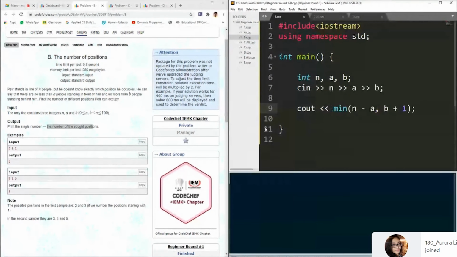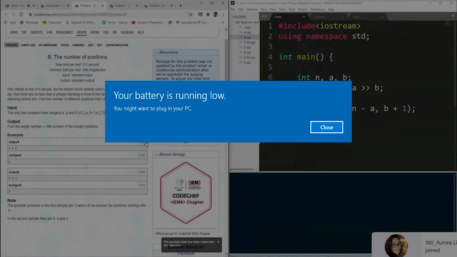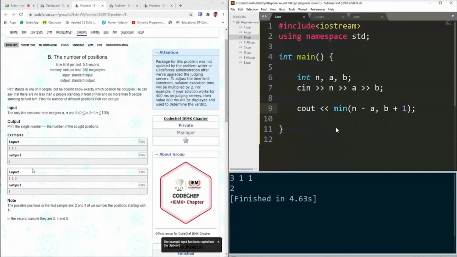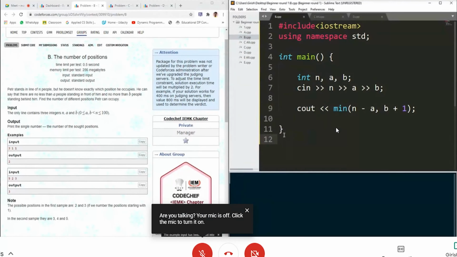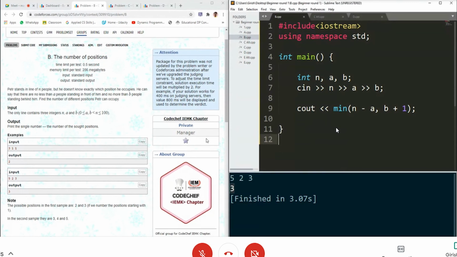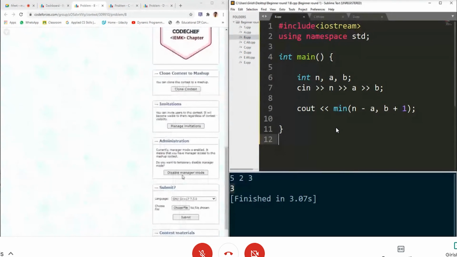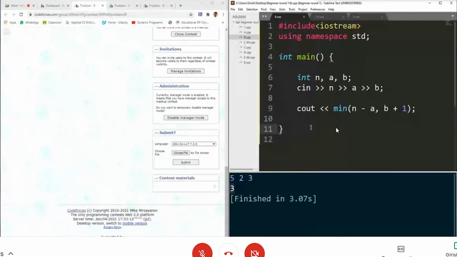Let me also run the program. I will copy the input. The sample input gives me 2, and the expected output is 2, so that's correct. Let me check for the other test case. 3. So you see, it gives me the correct answer. I will try submitting my code.